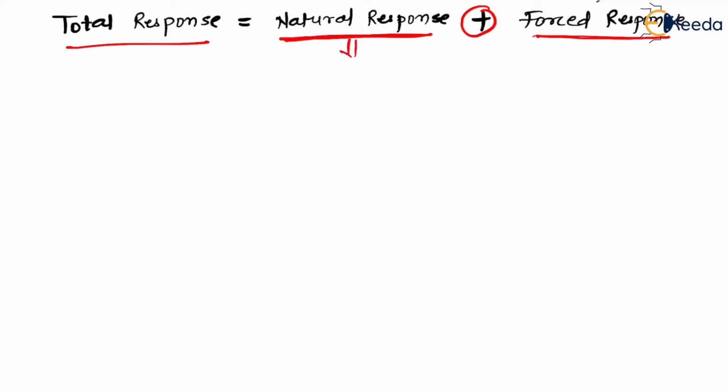Natural response is nothing but the zero input response, ZIR, which we have already seen. ZIR is whatever is the output of the system when the input is not given, when your input is zero.